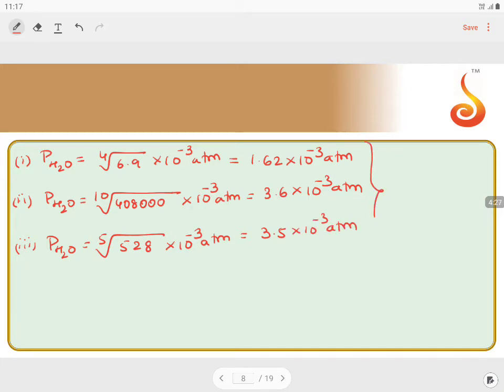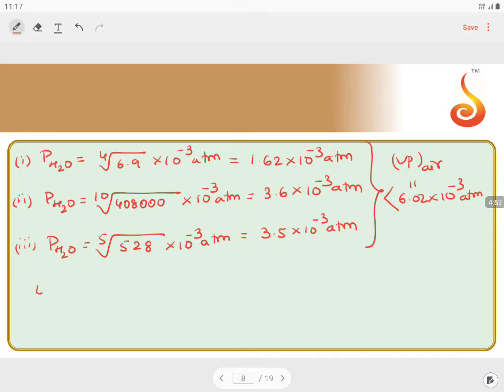When comparing with the vapor pressure of air, which is 6.02 into 10 power minus 3 atmosphere, all these values are less than this value. So that means all these salts can act as drying agents in the presence of the vapor pressure which is given.